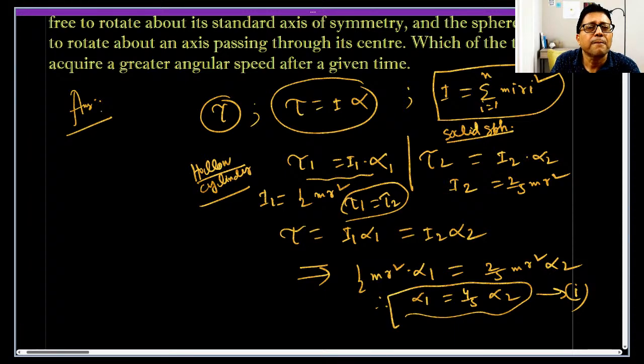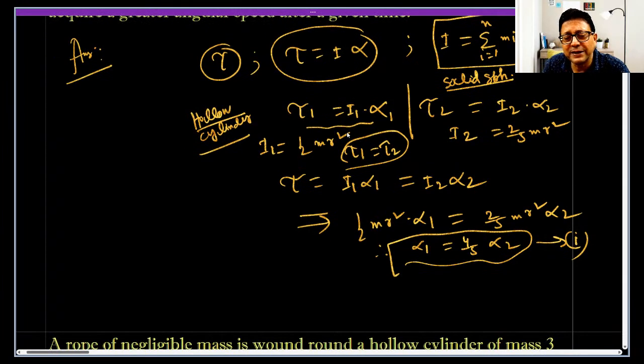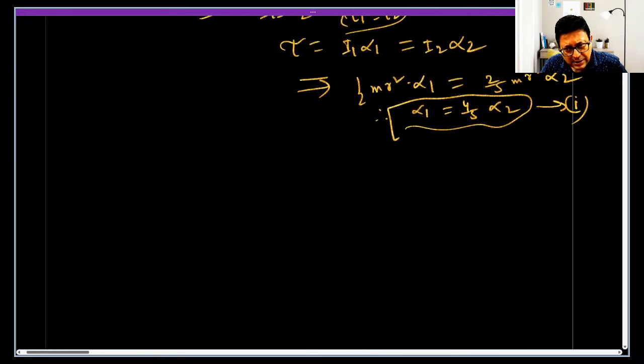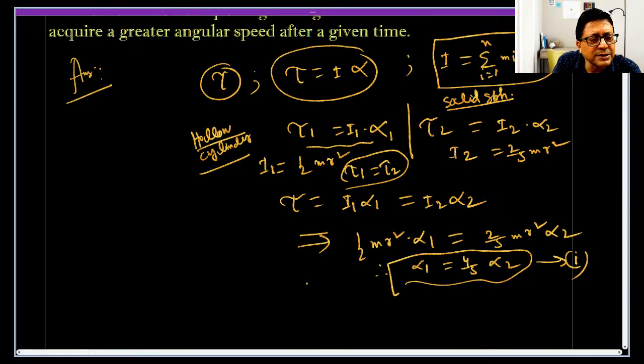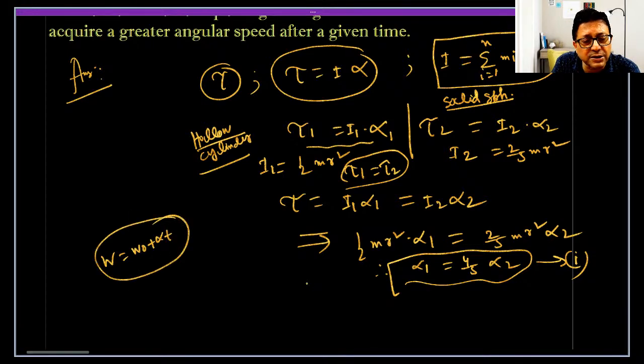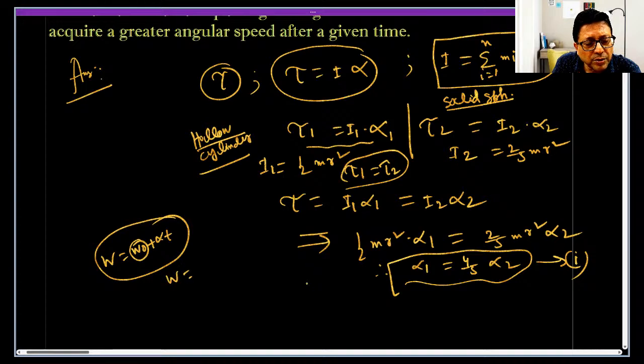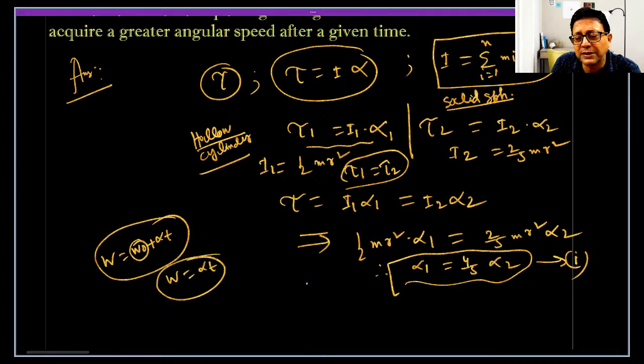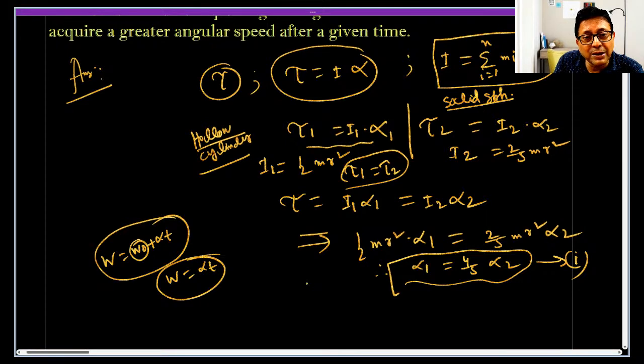Now they have asked which one acquires a greater angular speed. What is the formula for angular speed? The formula is omega equal to omega 0 plus alpha t. They are starting from rest, so omega 0 will be 0. Omega will be alpha t only. So now write omega 1 for the hollow cylinder: alpha 1 into t.